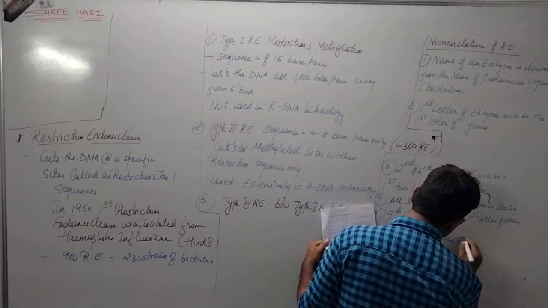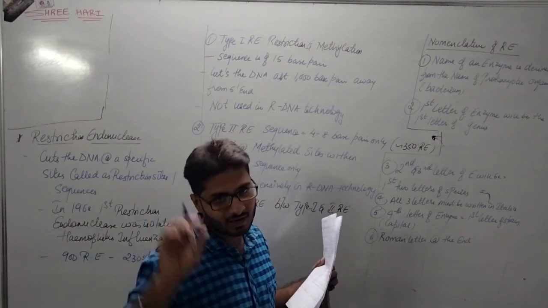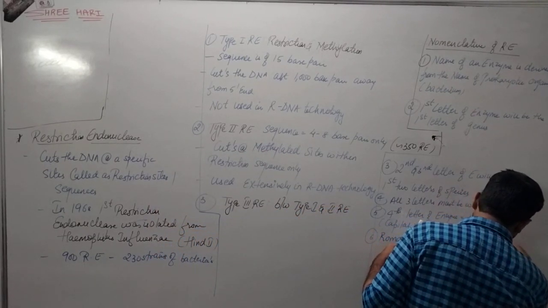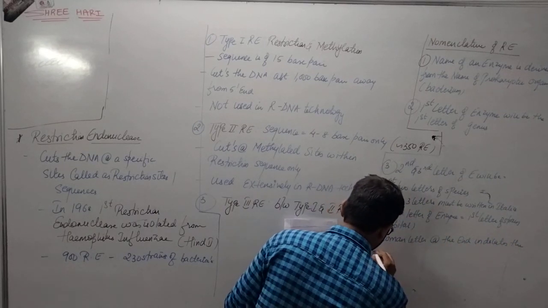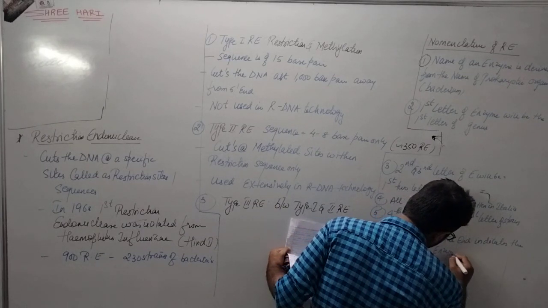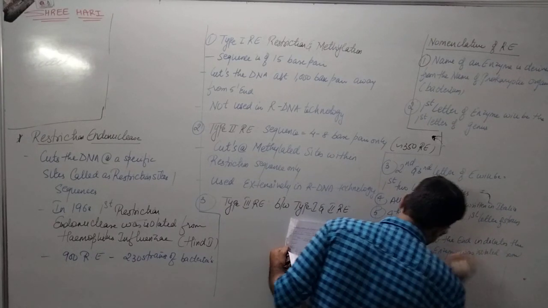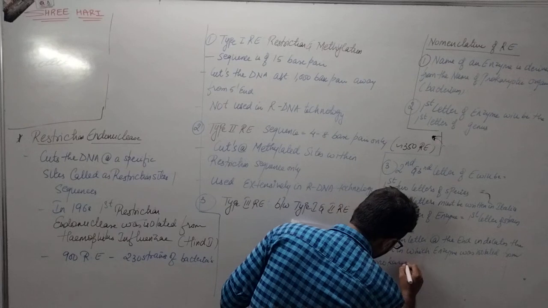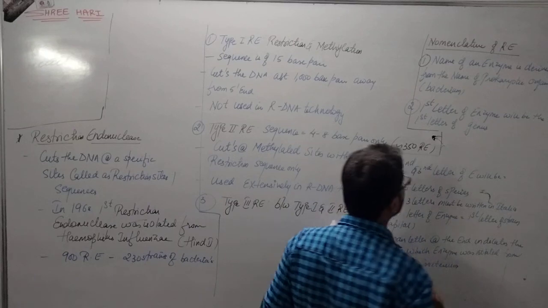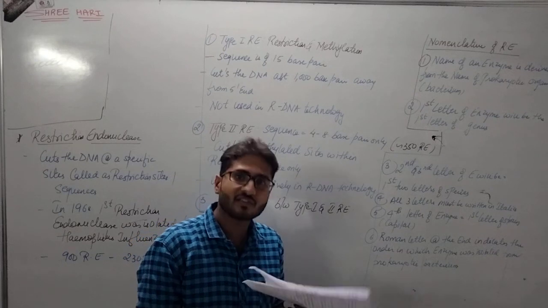When we write the name of the entire restriction endonuclease enzyme, we generally write the Roman letter at the end. So the Roman letter at the end indicates the order in which the enzyme was isolated from the prokaryotic bacterium. So all these are the rules of nomenclature of the restriction endonuclease enzyme.